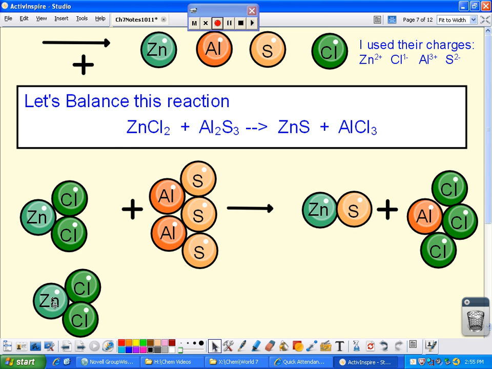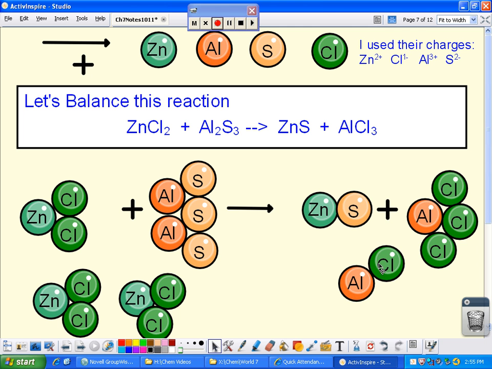Is that enough chlorines? No. So we need another zinc chloride, because now we have 6 chlorines. What are we going to do over there? Another aluminum chloride. And I want to talk about why there have to be 3 chlorines on this aluminum. It's the charges, right?